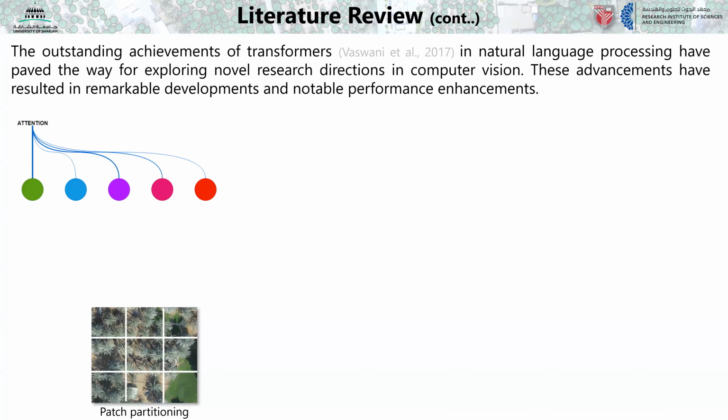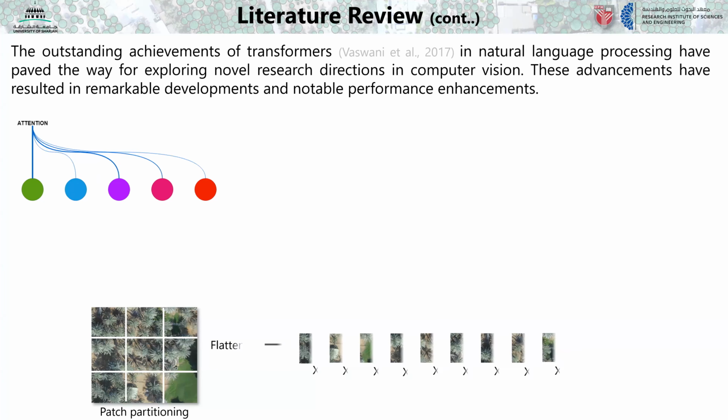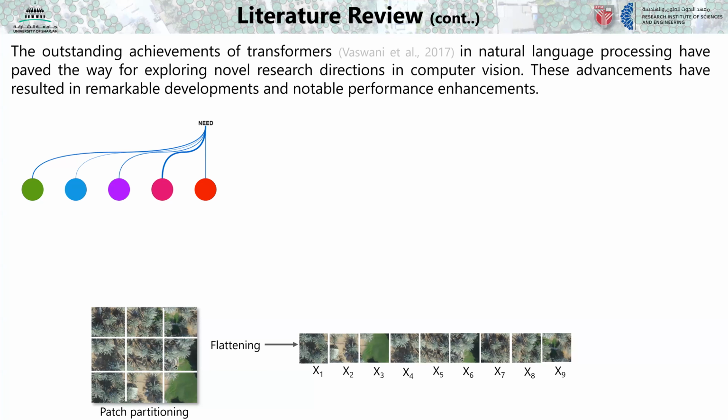The input image is divided into small tiles, let's say 16 by 16 or 32 by 32, this is just an example. These small tiles are treated the same way as tokens or words.